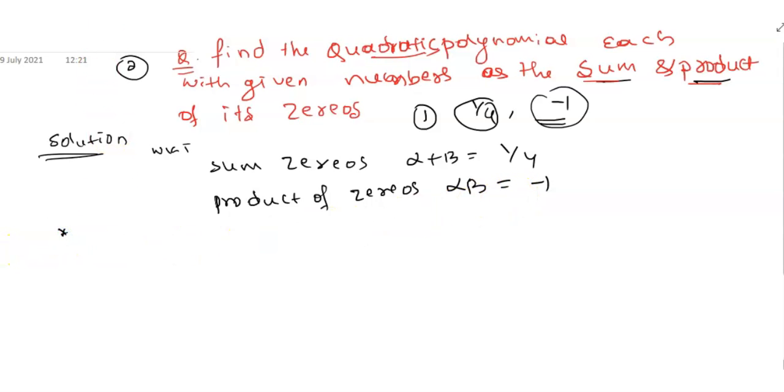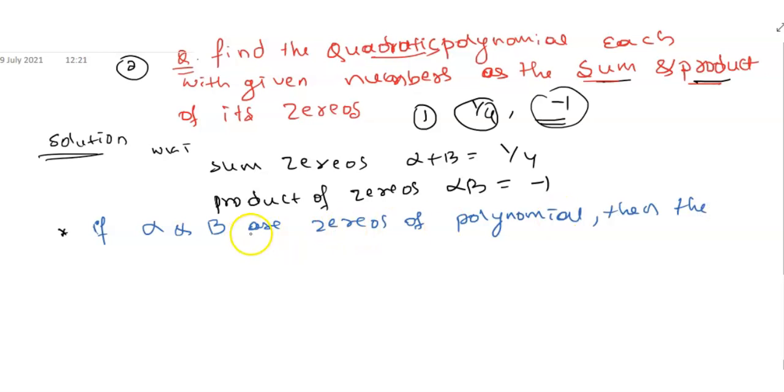Now, if alpha and beta are the zeros of any quadratic polynomial, then the equation of the polynomial is written as p of x is equal to k into... you know this already, so we can also directly write it like this.